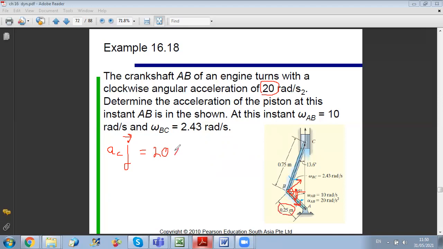So 20 times 0.25, this is the magnitude. Now concerning the direction of AB tangential, it's doing 45 degrees with I and it's upward. So it's plus cosine 45 I and plus sine 45 J. This is AB tangential.